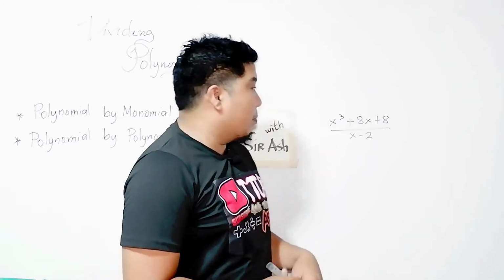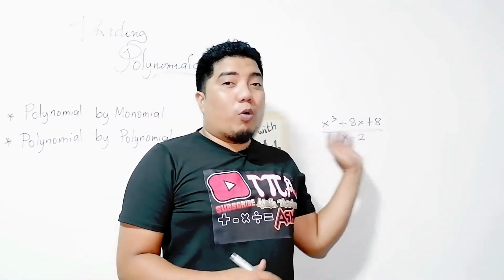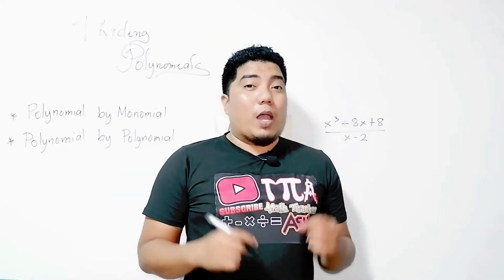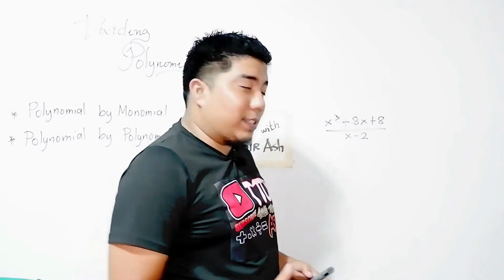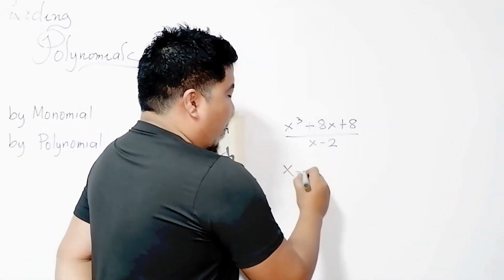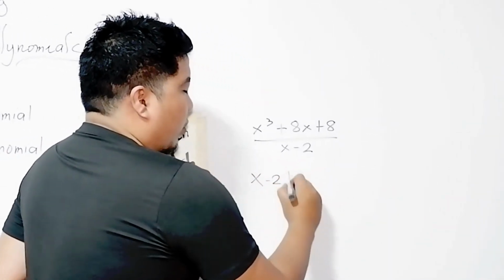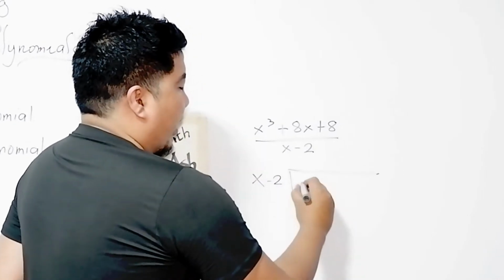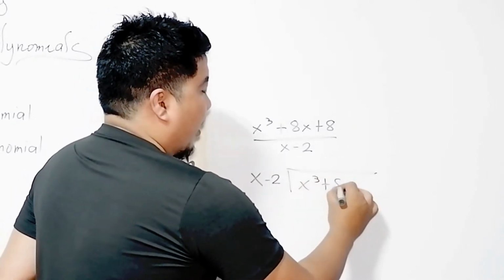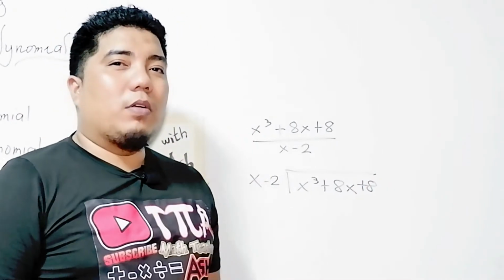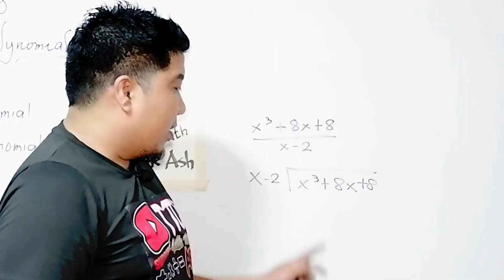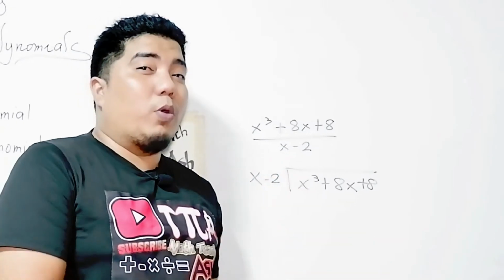We have x cubed plus 8x plus 8 over x minus 2. Now, I will do this using the long division so that you will have more mastery on it. So, by writing, I will just write x minus 2 as my divisor, and this will be my dividend. Now, in this manner, there is something wrong in what I wrote.